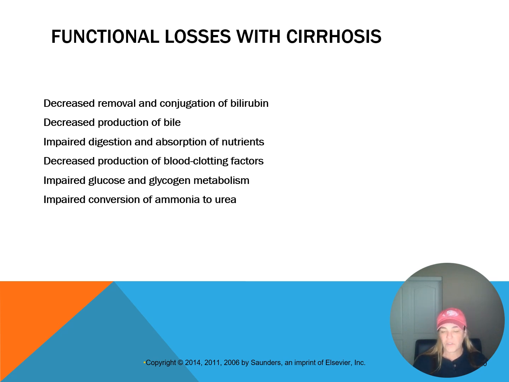Blood clotting factors are reduced, so we have a higher risk of bleeding. We have impaired glucose and glycogen metabolism, which can lead to diabetes. And then impaired conversion of ammonia to urea, so we can have a buildup of ammonia, which causes CNS changes or changes in mentation.